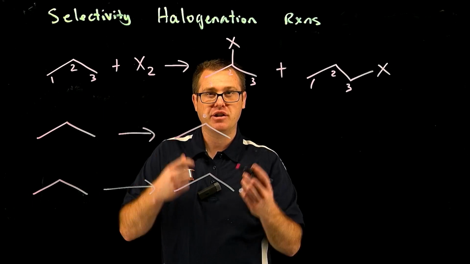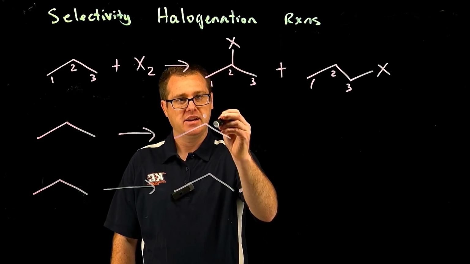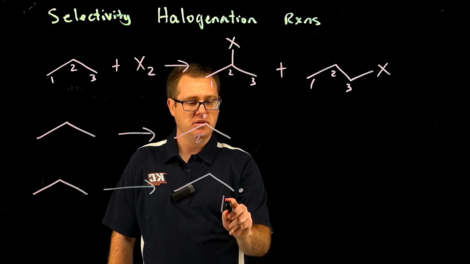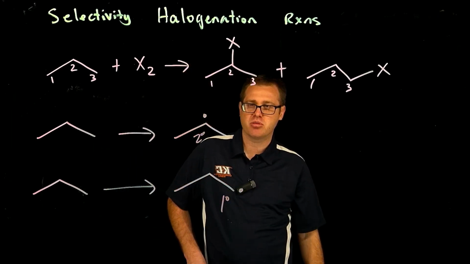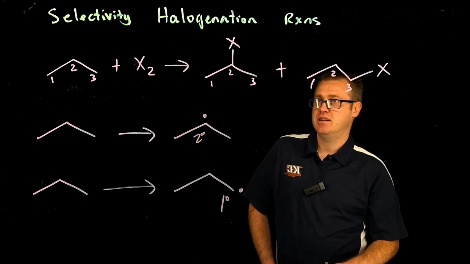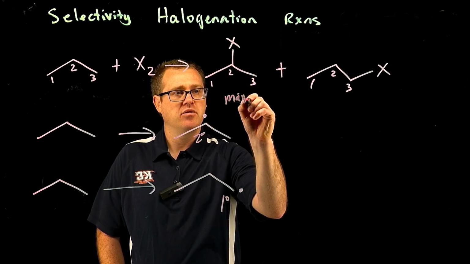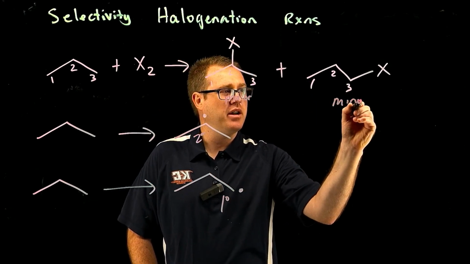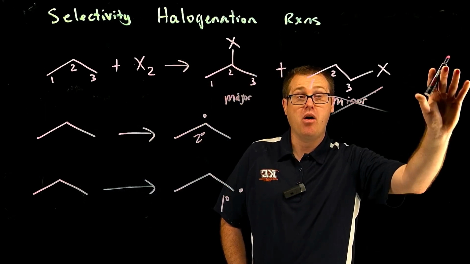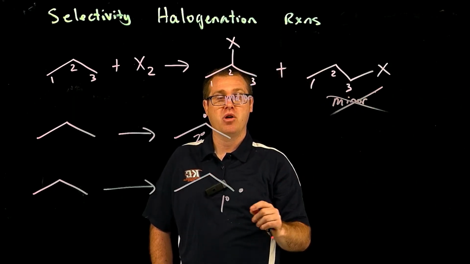Which one's easier to form? We know the answer. We've already talked about this. The secondary radical is going to be way more stable and more likely than the primary radical. So when we do this reaction, this is going to be our major product, and this is going to be our minor product. And in some cases, none at all. And that depends on if we're using chlorine or bromine.